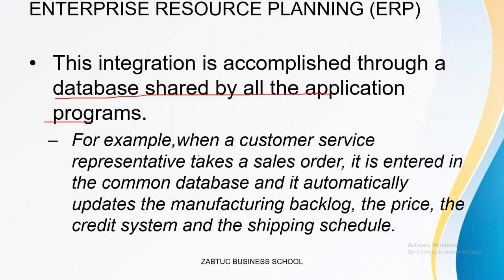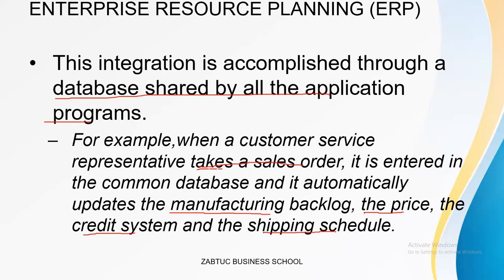For example, when a customer service representative takes an order and inputs it into the system, it is entered in the common database and it automatically updates the manufacturing backlog, the price, the credit system, and even the shipping schedule.